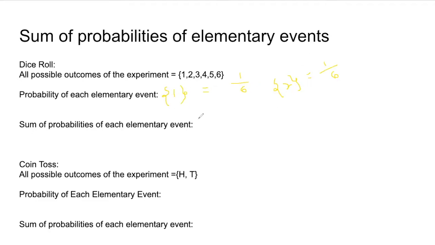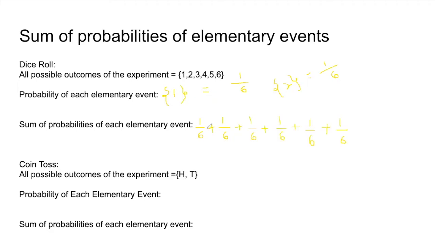So what is the sum of probabilities of all these? So 1 by 6 plus, for 2 again it is 1 by 6, plus 3 again 1 by 6.